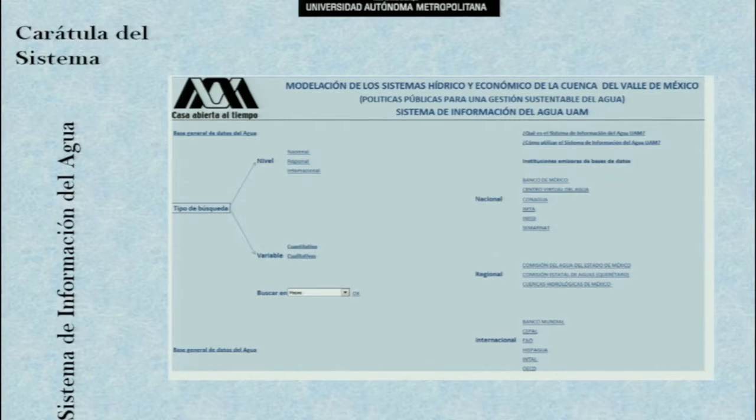For instance, water streams and water sources, and it searches nationally, locally, and internationally, searches the databases, and when it finds, for instance, the flow of water in the rivers, and this will take us to the database of bandas, for instance, but maybe there's another institution that has this information that can provide it, and the system shows it. And based on that, we created our database.